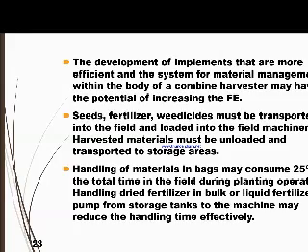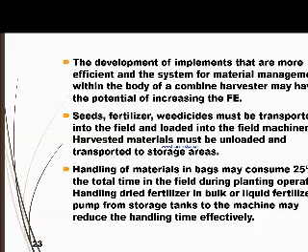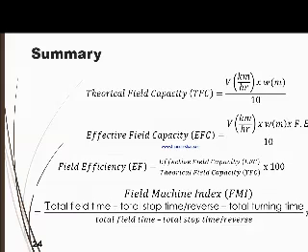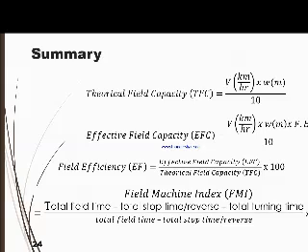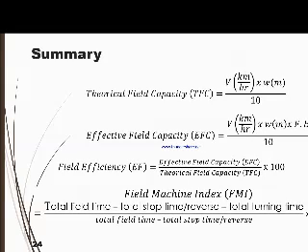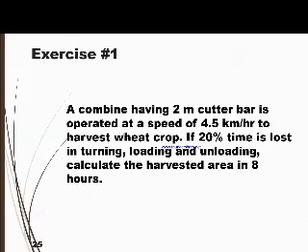And as well as for handling of the material in bags may consume up to 20% of the total time in the field during planting operation. Alright, and as a summary, this is the formula for the TFC, EFC, and FE, and basically the summary of the formula on this topic.